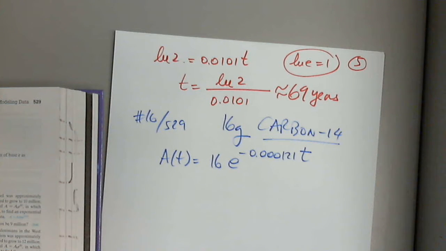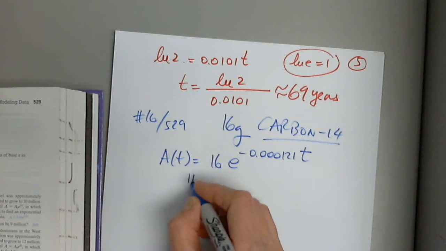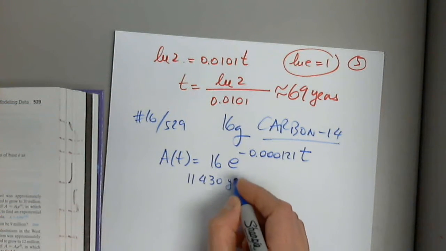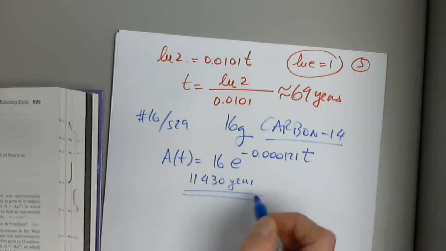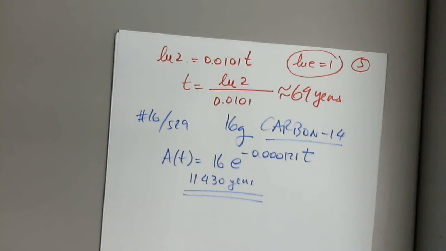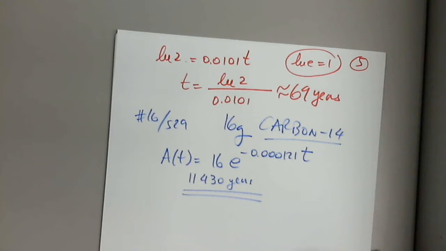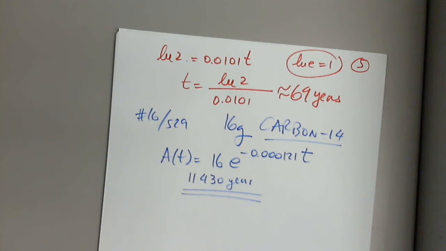16. How many grams of carbon-14 will be present 11,430 years later? How much will remain after 11,430 years?